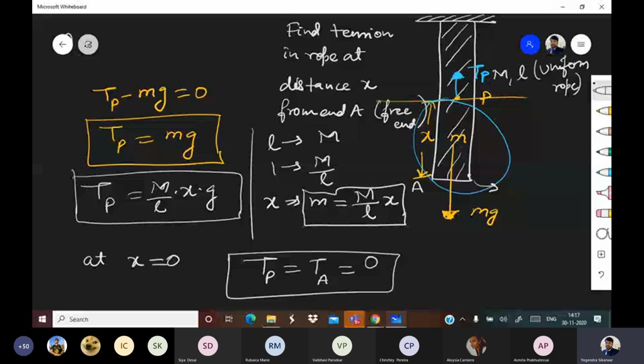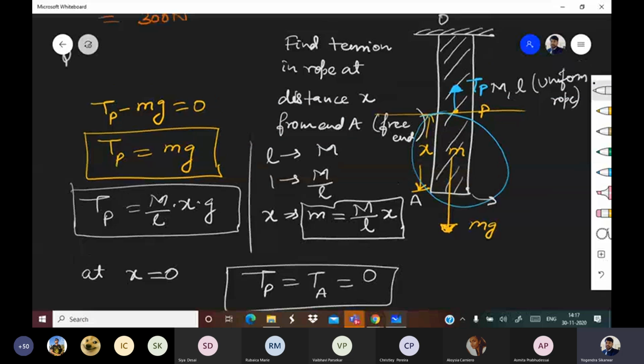All right. Okay. Now let us talk about this point O. So at end O, what does it mean? X is equal to L. So T at O will be M by L into L into G. And what it gives us?